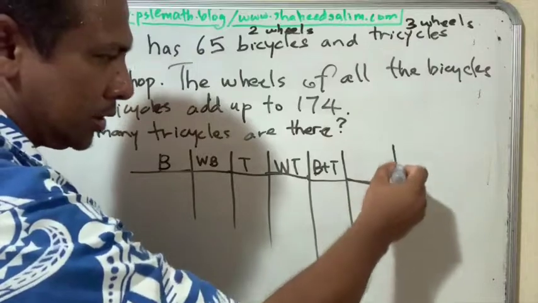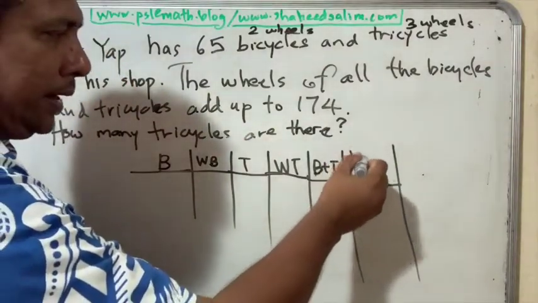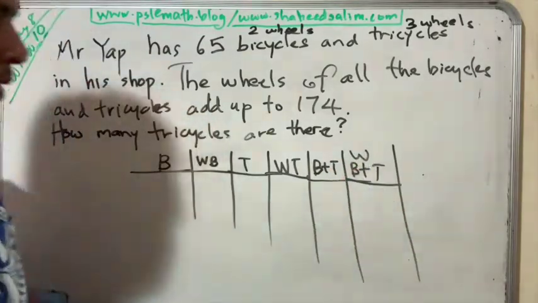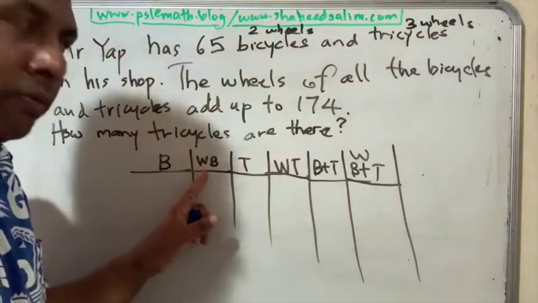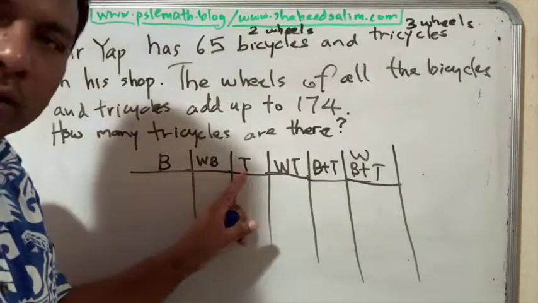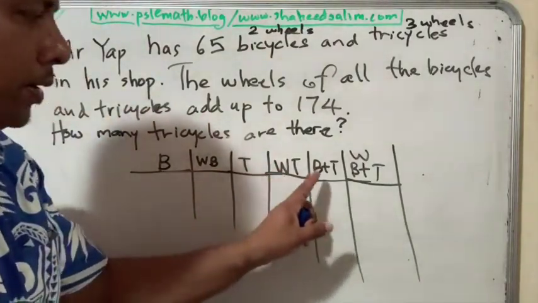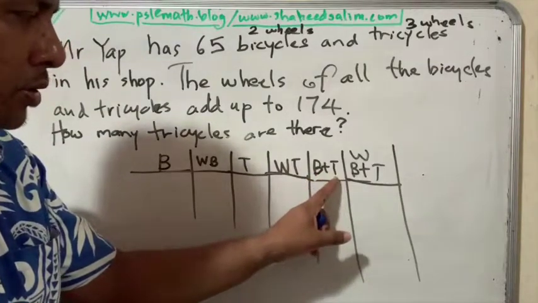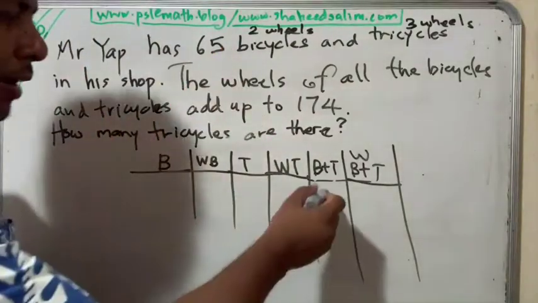And the last column is the number of wheels the bicycles and tricycles have. This is the number of bicycles and tricycles, which has to always be 65.